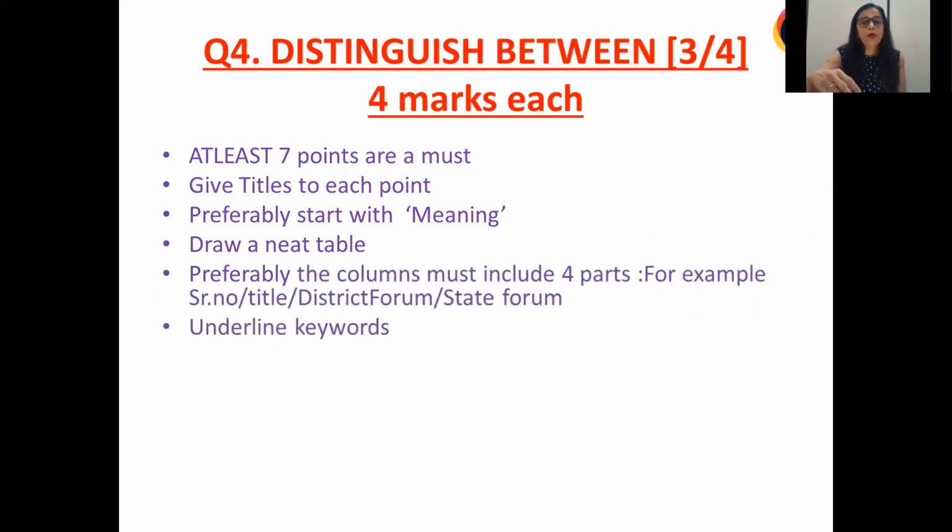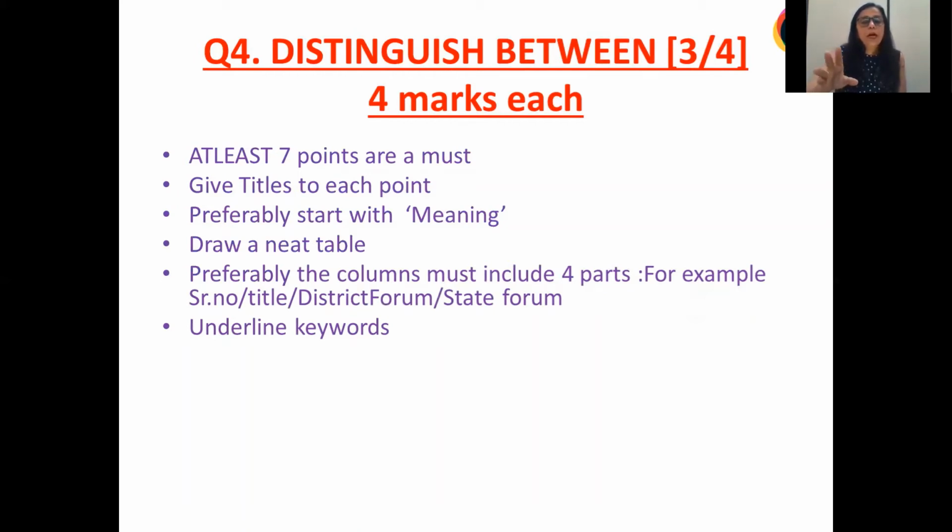As I said, if your handwriting is not very good, adding these elements of neatness makes your paper a little more attractive to the examiner. One important part: some students sometimes change the left and the right side, interchanging the items being distinguished. Do not do that. Examiners are used to the same order that is there in the question paper.